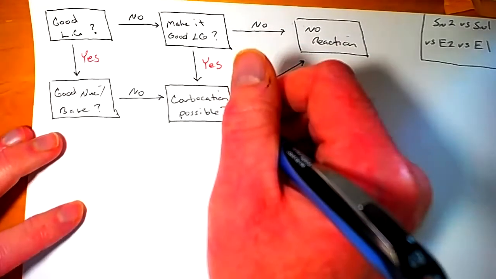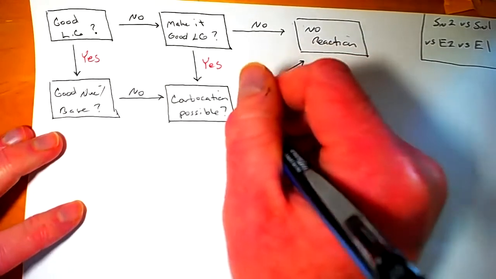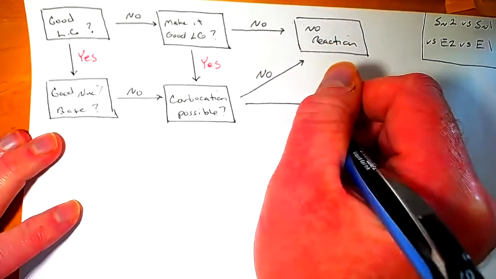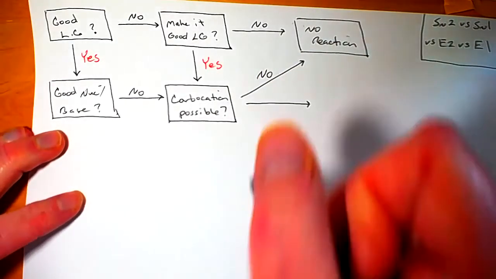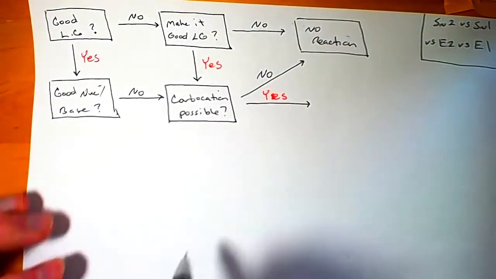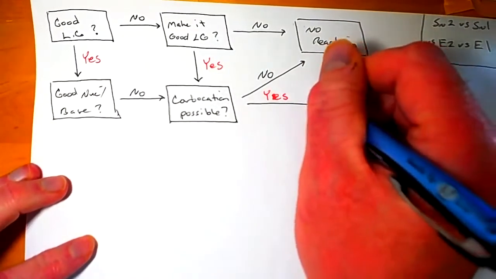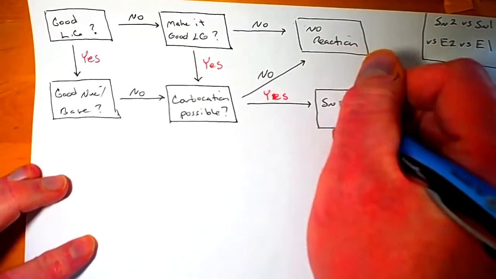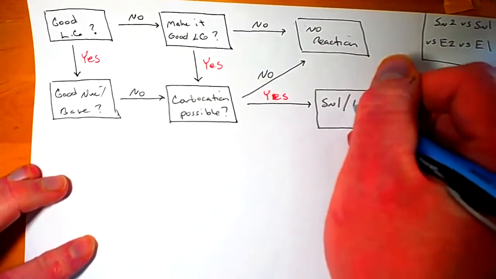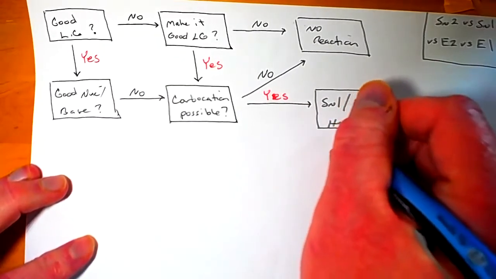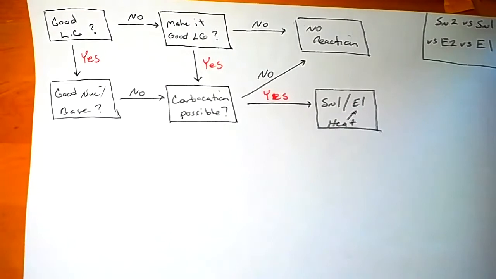But if carbocation formation is possible, yes, then we're looking at SN1 and E1 as a possibility. And again, remember that heating will help you promote elimination in that instance.